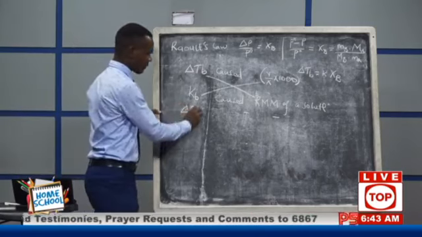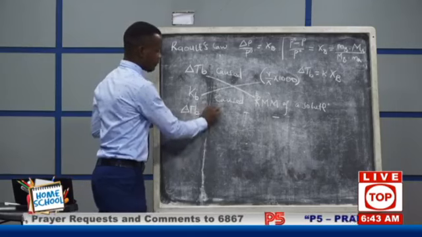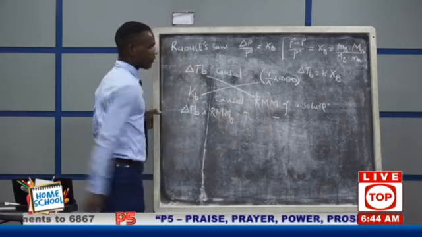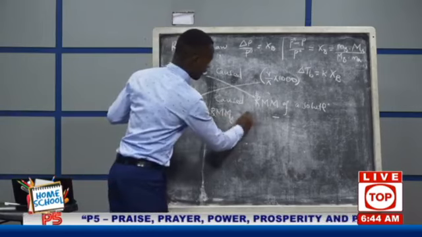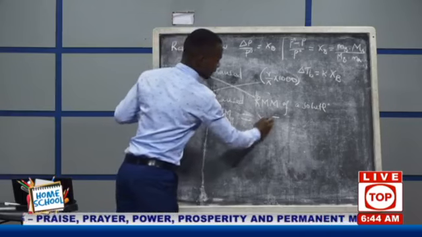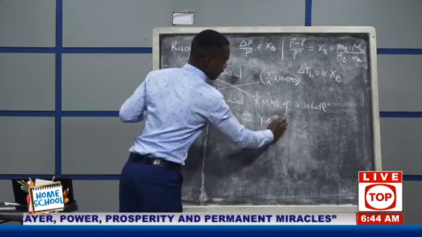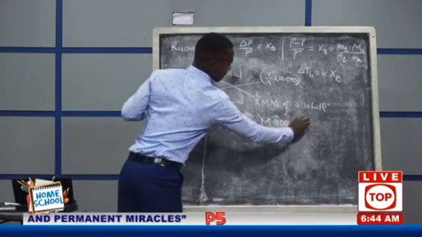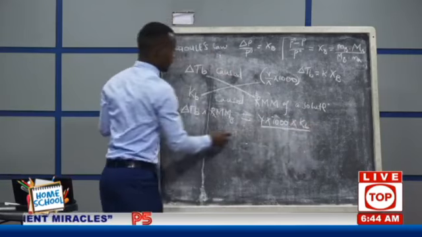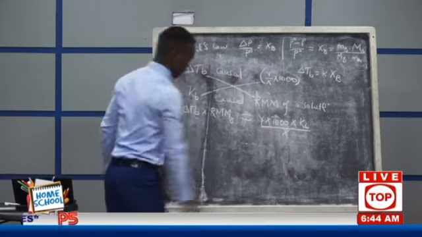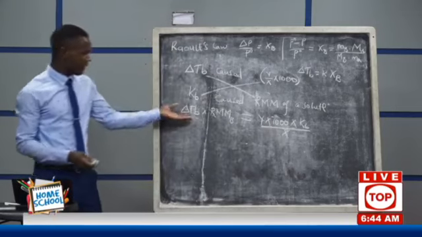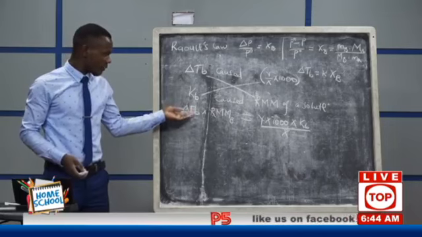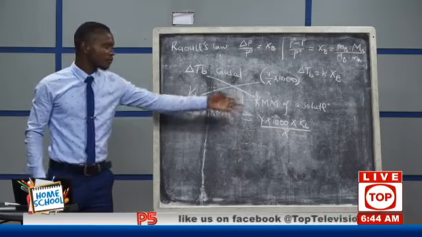Then you get what? Change in temperature times RMM of the solute, okay? So we get Y times 1000 times KB over X. So here, you have boiling point elevation multiplying this one to get the other one.